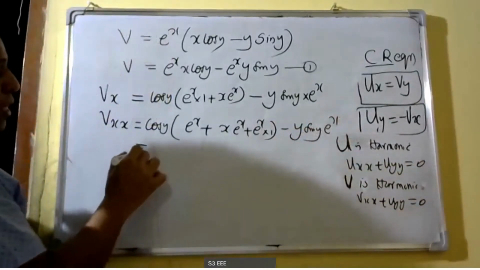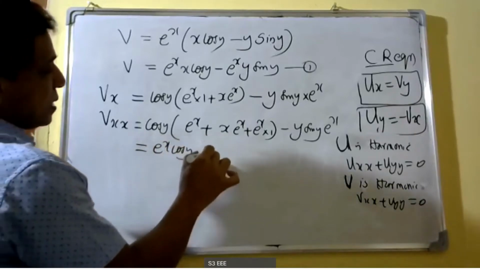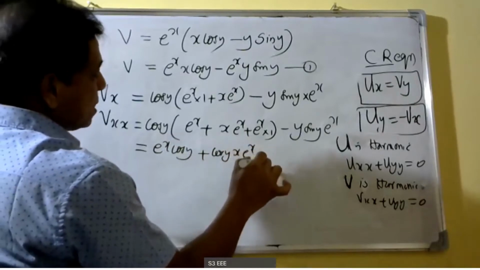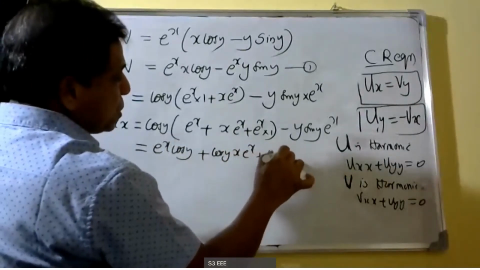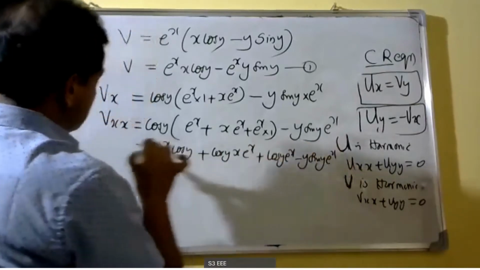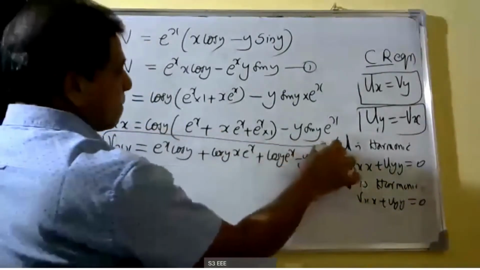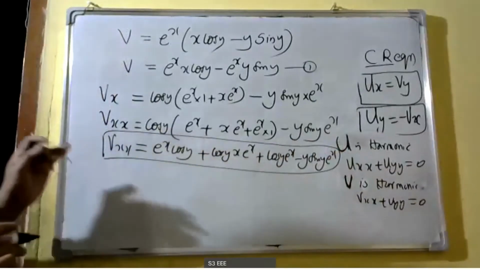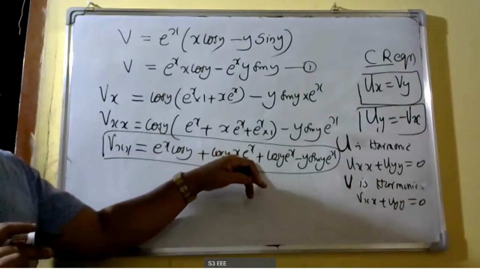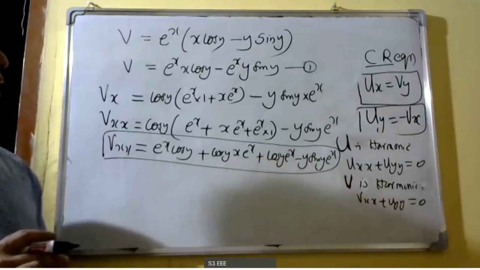That is, when we remove the bracket, Vxx is equal to e raised to x into cos y plus cos y into x into e raised to x plus cos y into e raised to x minus y sin y into e raised to x. This is Vxx.